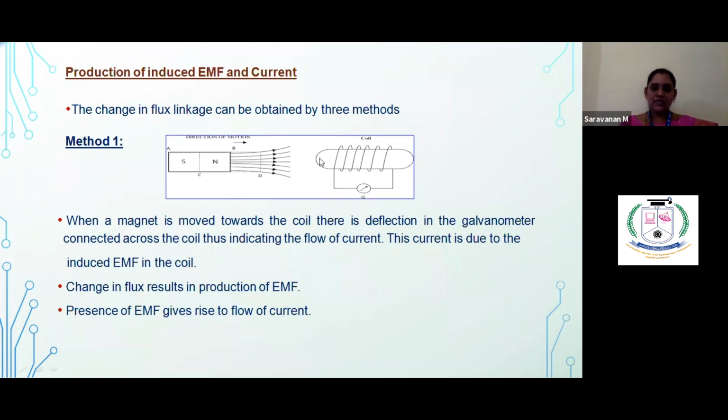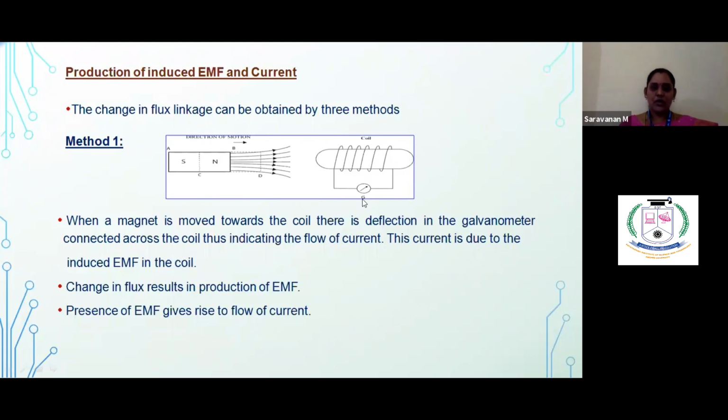Similarly, when the magnet is moved away from the coil, you can see the deflection. But when the magnet is kept stationary, you cannot see any deflection. So whenever the magnet is moving towards or away from the coil, the movement makes the galvanometer deflect.